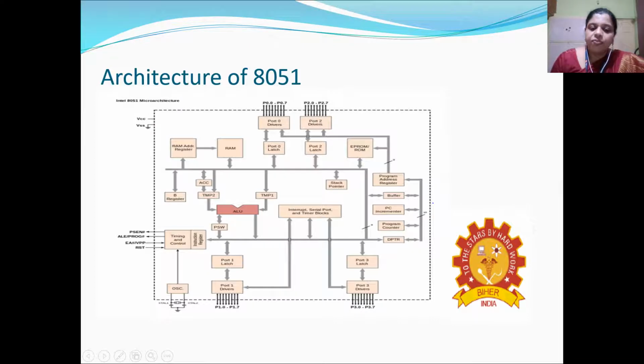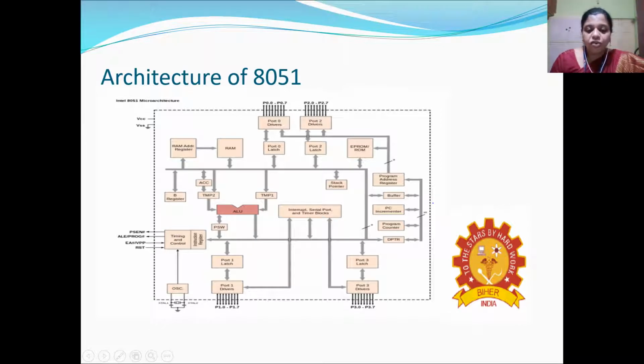Then we have the arithmetic and logic unit. The main function of the arithmetic and logic unit is to perform the arithmetic and logic operations. For that it needs data. The data will be stored in these registers. Here temporary 1 and temporary 2 are called the temporary registers, and the accumulator also acts as the A register.